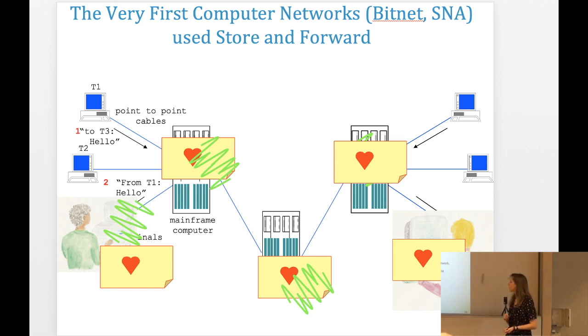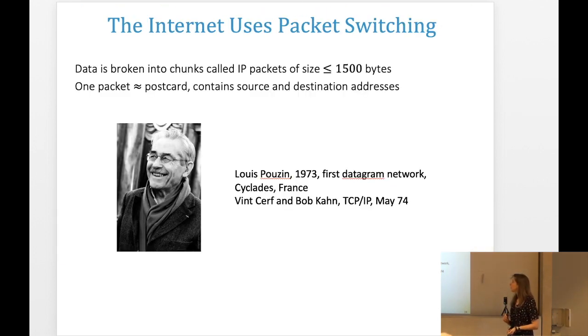So this is why a French scientist invented packet switching in 1973. The idea of packet switching is that it uses the same type of transmission, so still the post office model of working, but all of the messages are broken into small packets which are themselves independent.